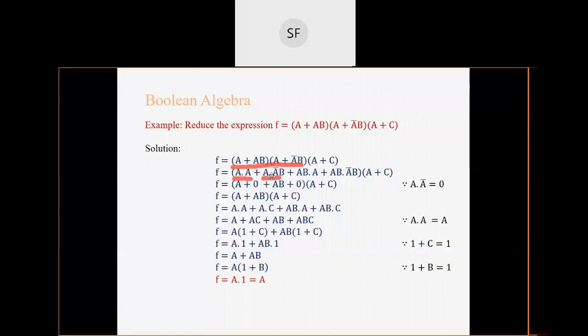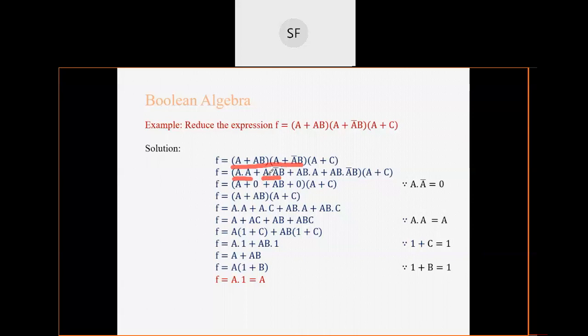As soon as you see a dot a bar, you know that its value will always be 0. Why? Since these two are complements of each other, one of them will always be 0, and since this is the AND operation, the value will be 0. Then 0 and b with AND operation again gives 0. So this term will directly become 0.